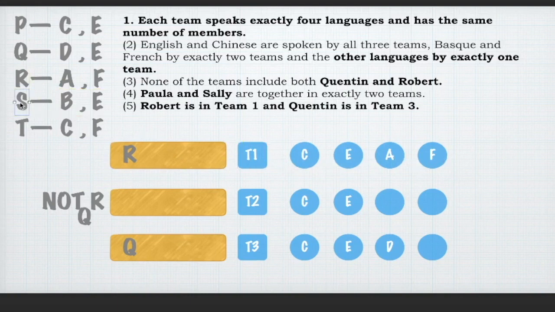That means Sally cannot go to team 1. That means Sally has to go to either team 2 or team 3. In fact, I know that Paula and Sally are together in exactly 2 teams. So these 2, and I have 2 teams remaining. So Sally definitely is going to be present in team 2 and team 3 as well.